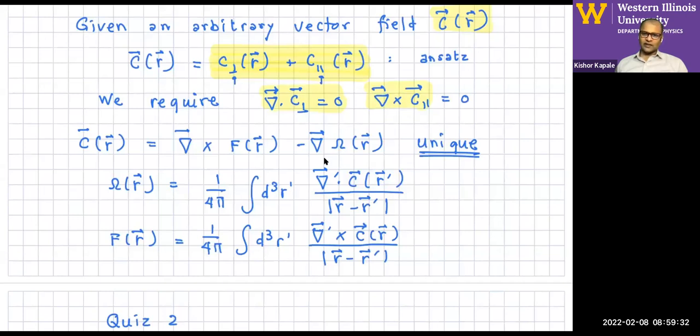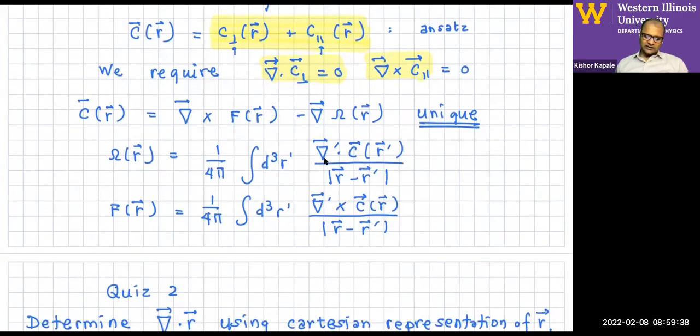So that's just the restriction on how we split. Okay. So then the question is, can we determine C completely, fully, if we know its curl and its divergence? If there is some other external mechanism that allows us to determine the divergence and curl of that vector field, is that enough to determine the full vector field? That's the question that Helmholtz asked, and the answer turns out to be unique.